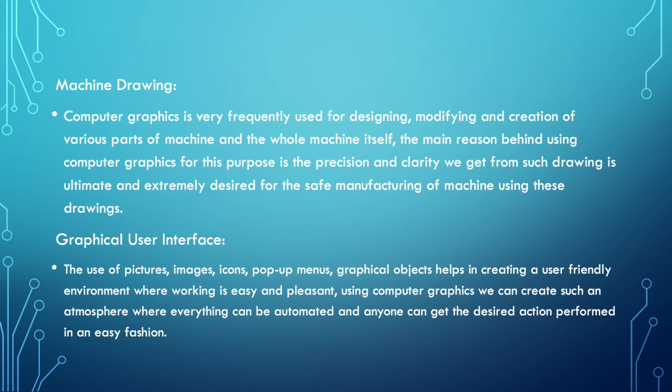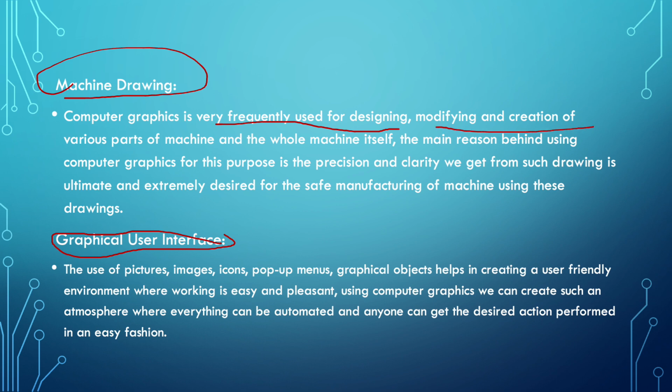Now these are the last two applications: machine drawing and graphical user interface. In machine drawing, computer graphics is very frequently used for designing, modification, and creation of various parts of machines and the whole machine itself.